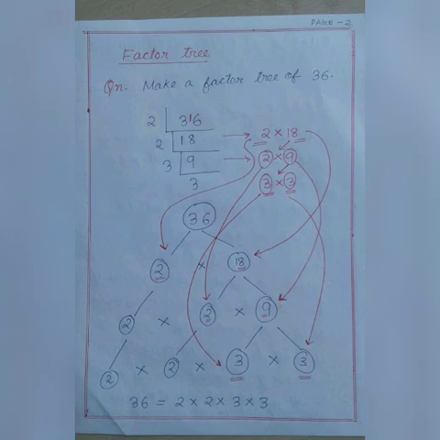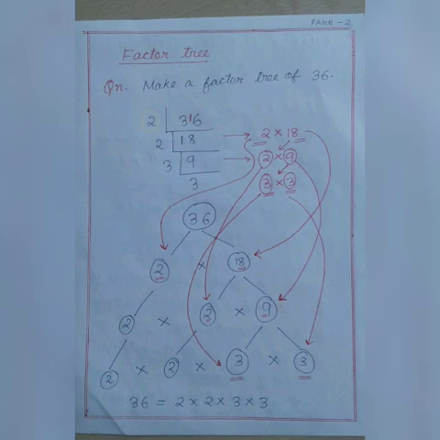Again 18 is divisible by 2. Therefore, if I divide 18 by 2, I get 9. So 18 I can write as 2 into 9 on the right hand side. You can see I have written with red ink, 18 equal to 2 into 9.